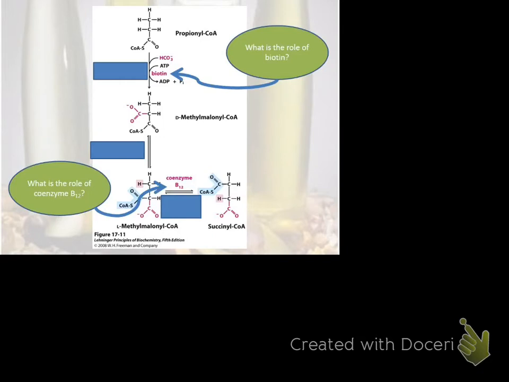What kind of reactions is biotin often used in? The transferring of acyl or carboxyl groups. And so this uses up an ATP, and it adds the carboxyl group to make methylmalonyl-CoA.